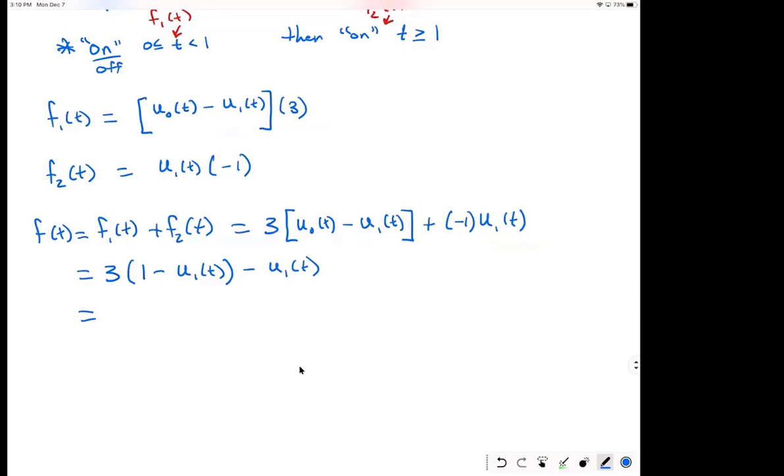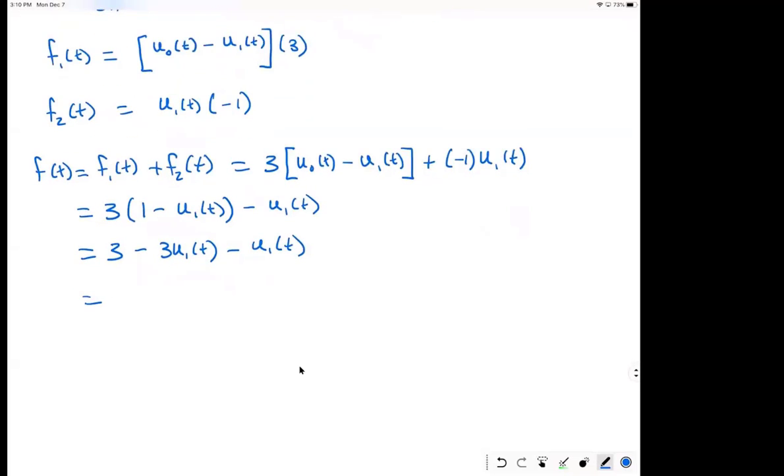So that way, you'll see why in a little while it's important to simplify these as much as possible. So 3 minus 3u1 of t, just distributing the 3, minus u1 of t. And then I can combine like terms now, and I have 3 minus 4u1 of t.